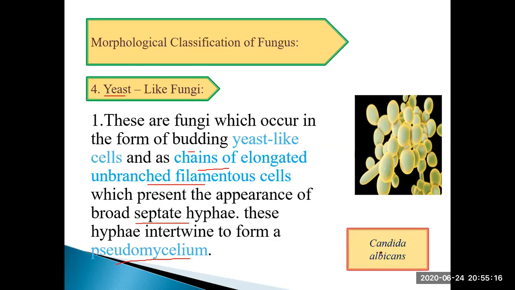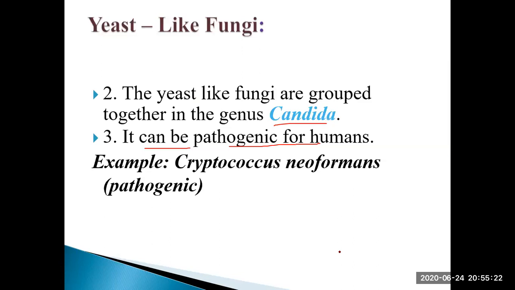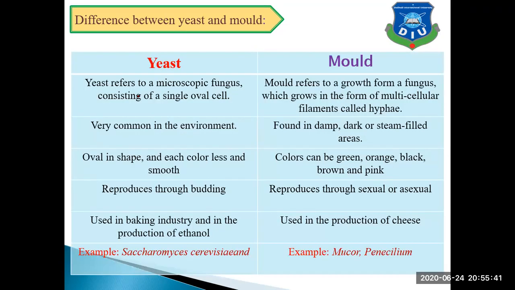You also read another example, Candida albicans. So now we have learned about morphological classification with characteristics and examples. Now we will learn a very common topic: the difference between yeast and mold.